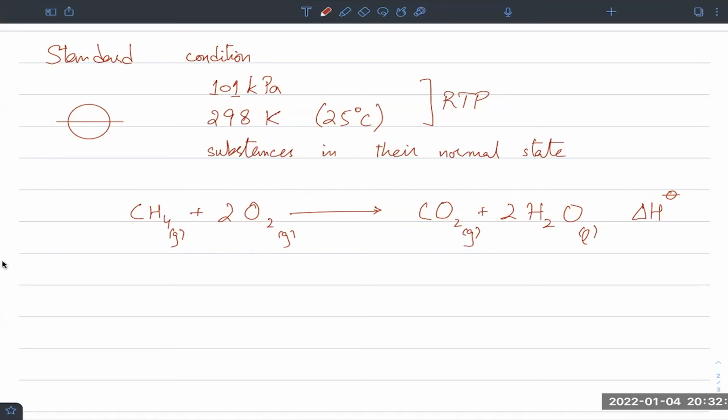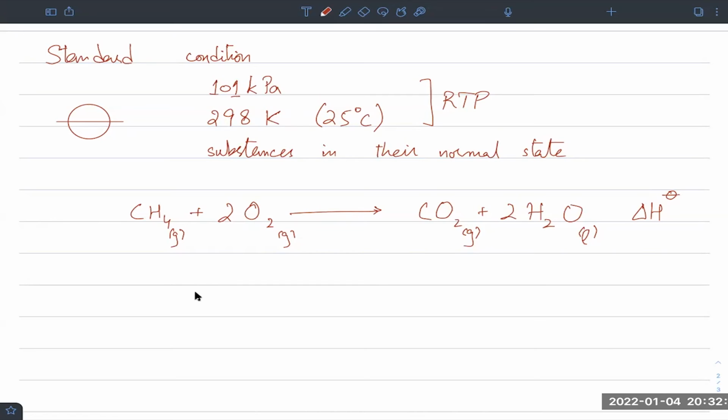Whenever you are writing equations, writing the state is super important, because the states must match the environmental state that you have, the temperature and the pressure. From now on, in any equation, particularly an equation with enthalpy changes, make sure that you write the state symbols. And obviously, delta H, if it is at room temperature, will have a circle through it.